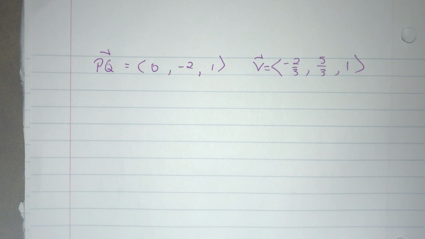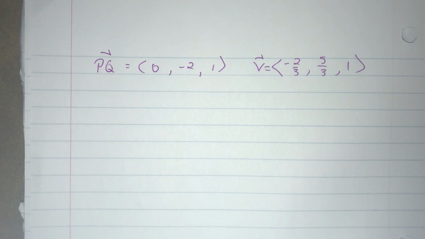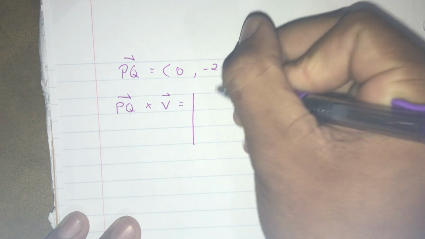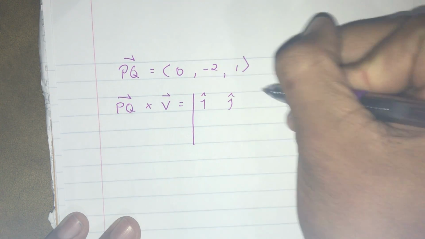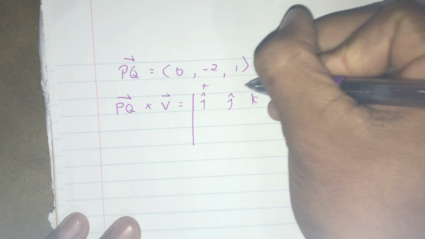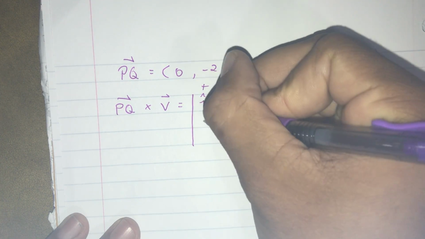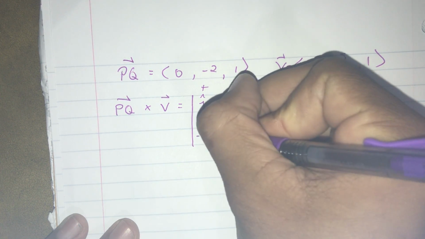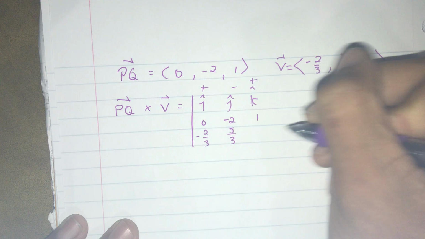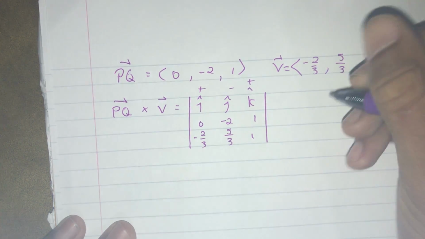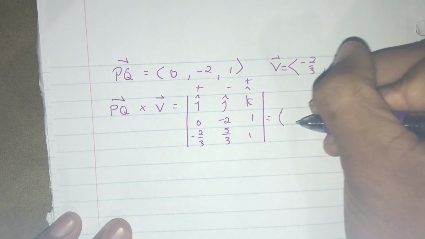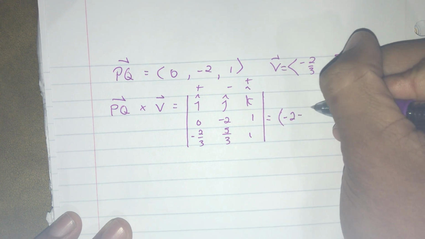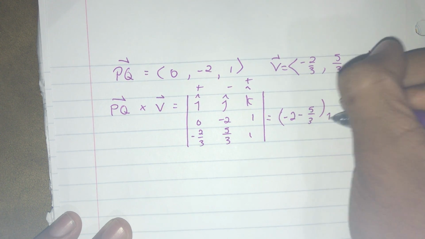So back over here, we need to get a normal vector, and to get that, we're just going to cross those. So PQ cross V equals the determinant with i, j, k, then 0, -2, 1, then -2/3, 5/3, 1. When we cross those, we get -2 times 1 minus 1 times 5/3, which is -2 minus 5/3, in the i direction.